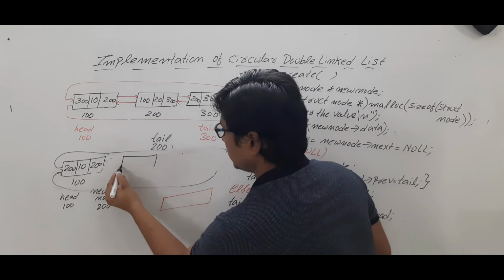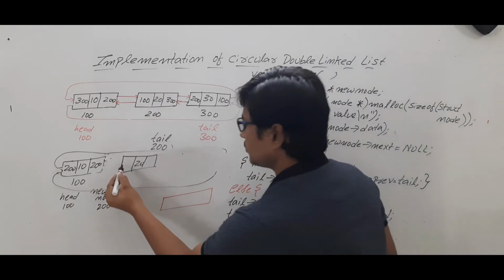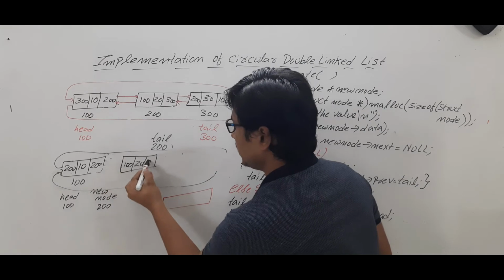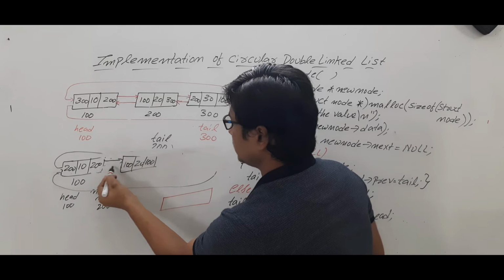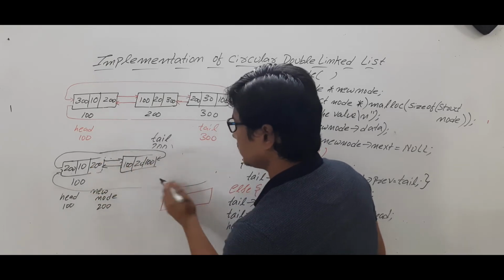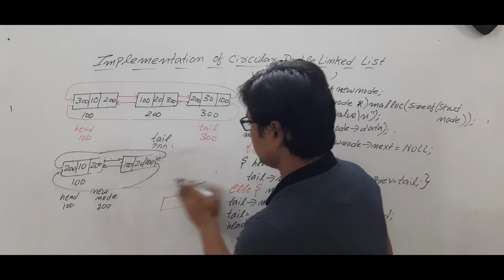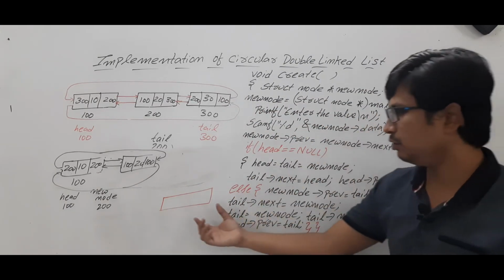Already insertion is done, having data 20 and the address of the previous node here 100, and here it will be 100. So there is a link like this, there is a link like this, there is a link like this, and there is a link like this. Is it clear? Now we have allocated a new memory.